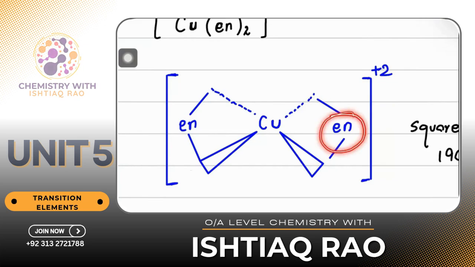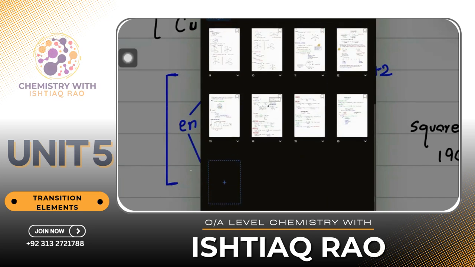This is the first ligand, this is the second ligand. So we have two bidentate ligands, and of course they will be forming four dative bonds in total. Again, you can see the coordination number is the same. So that's why I'm saying it's your square planar complex.